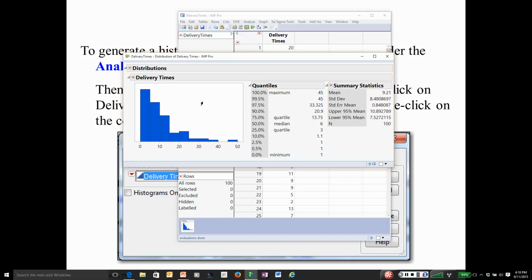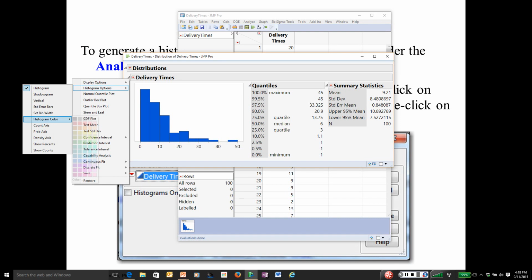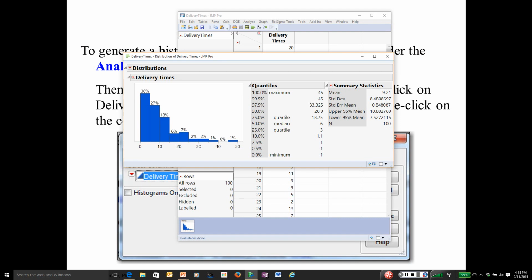And there are lots of options for histograms. Notice the down arrow for delivery times. We click on it. Histogram options. And we can do things such as show percents. So this shows what percent of the observations fell in each bin.